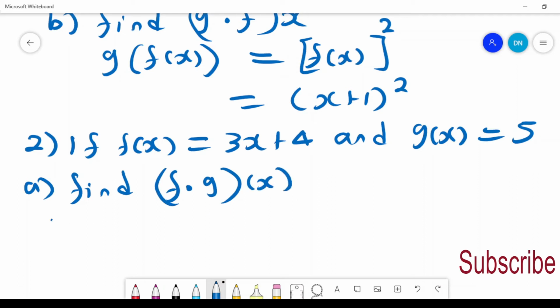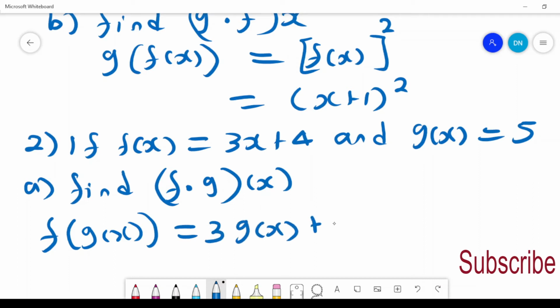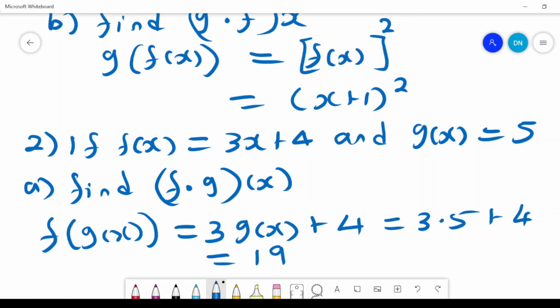It's basically f of g of x, and so whenever there is an x, you replace it with g of x. Remember, 4 does not have an x, and therefore that is 3 times 5 plus 4, and that gives us a solution of 19.